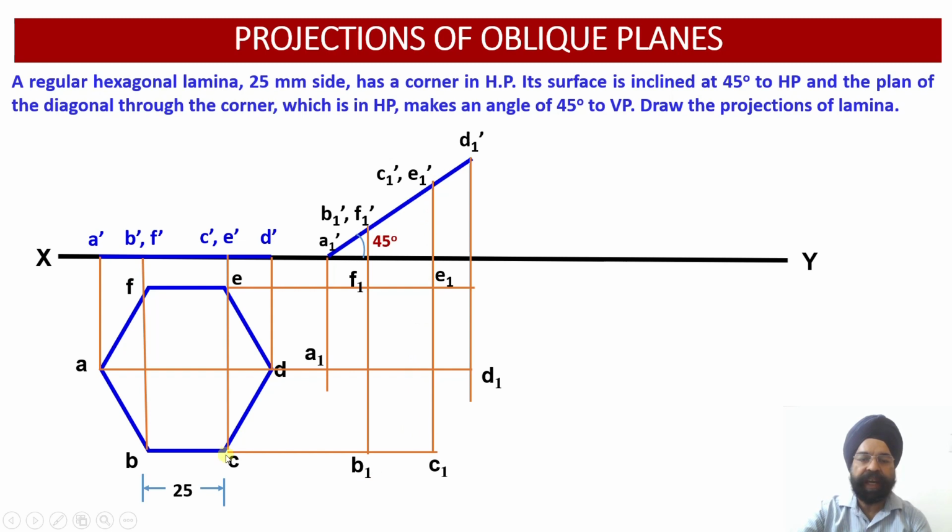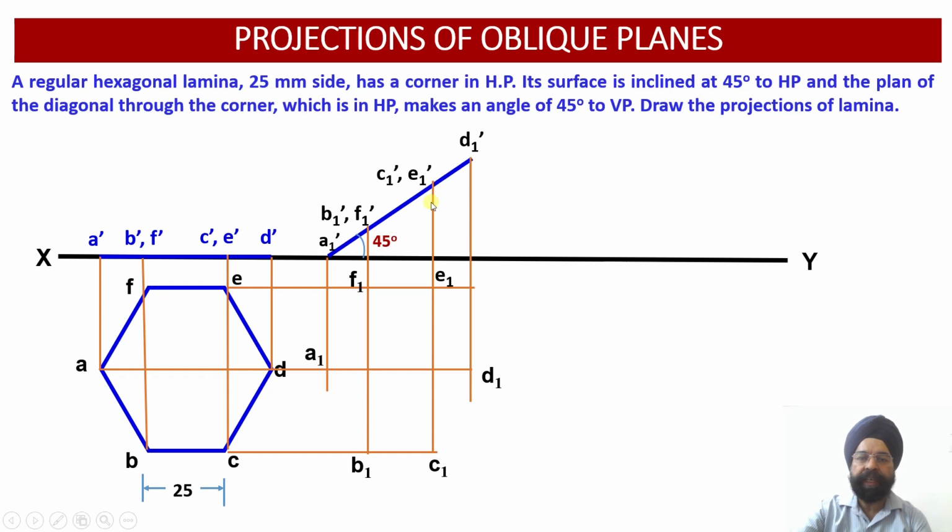C1 dash and C, you get the location of point C1. Then the intersection of the vertical projector from D1 dash and the horizontal projector from point D gives you D1.